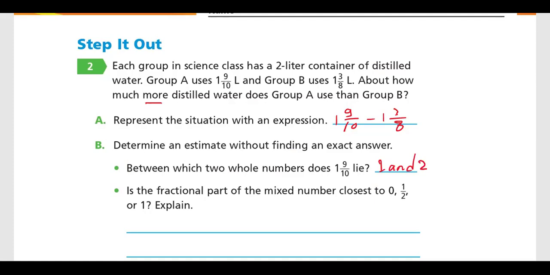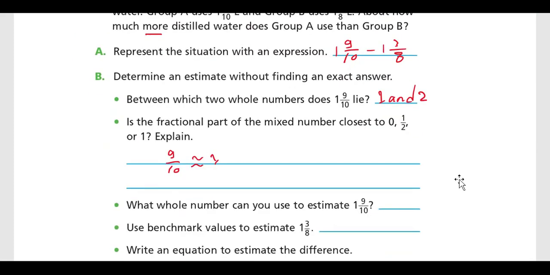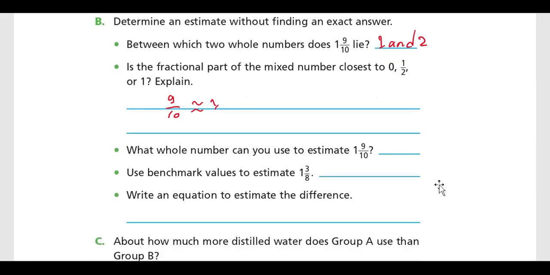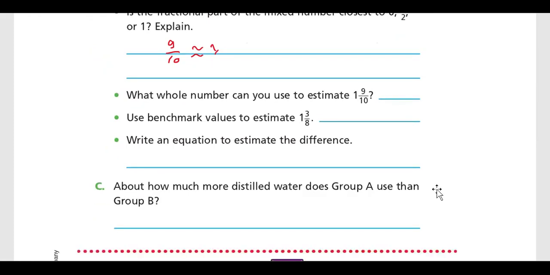If the fraction part of the mixed number is close to 0, half, or 1, here 9 over 10 is close to 1. So 1 and 9 over 10 is close to 2. And 1 and 3 over 8 is close to 1.5.